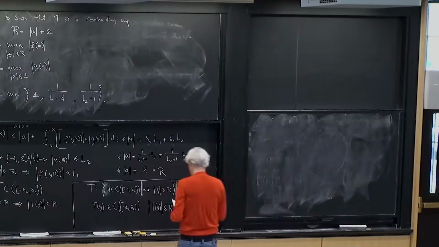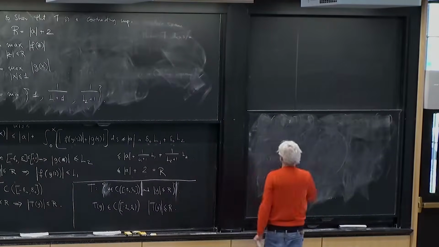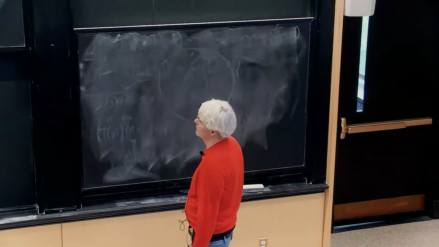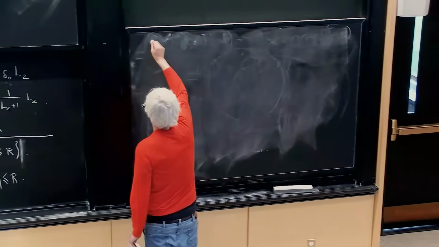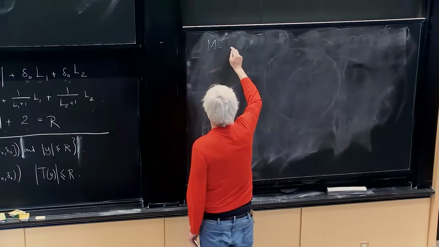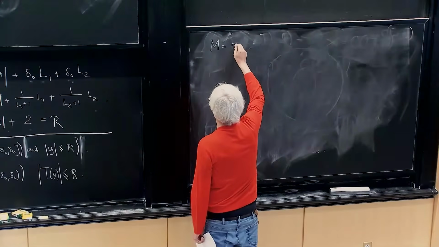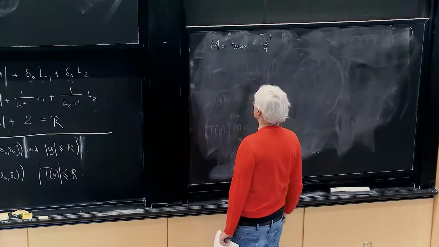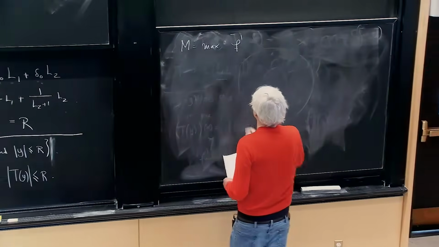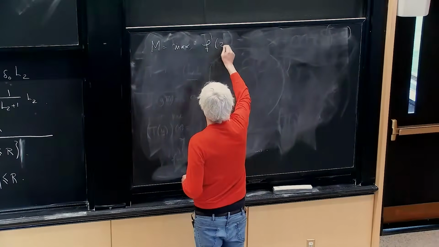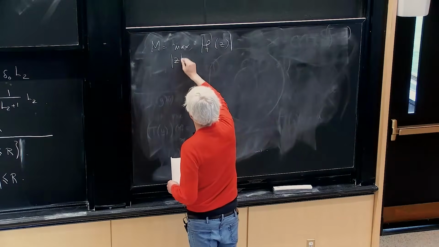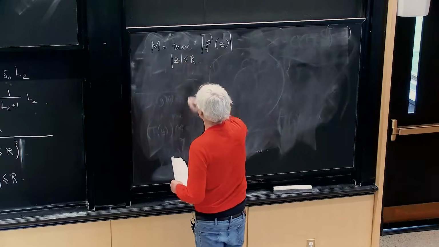And so I'm going to define now one more constant, sorry about that. So this is m here, and m is going to be just the max of the absolute value of f prime of z, where z here is less or equal to r.